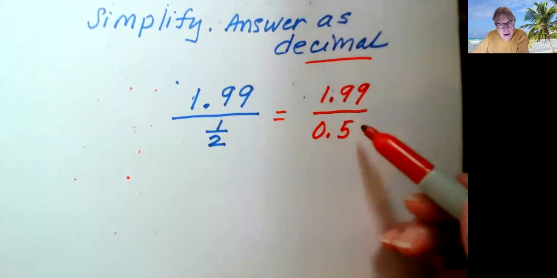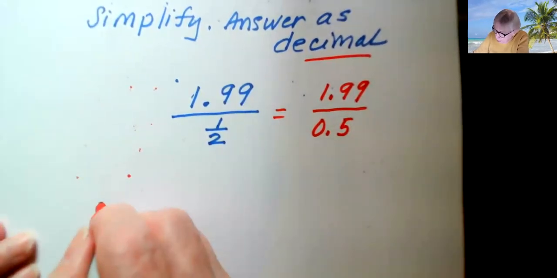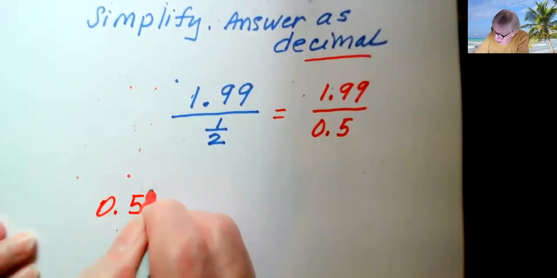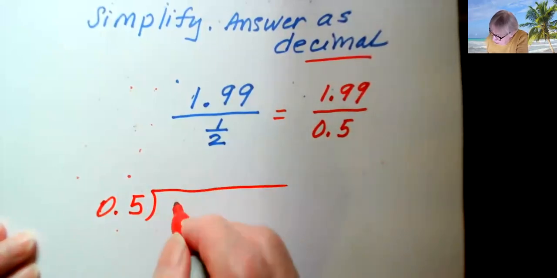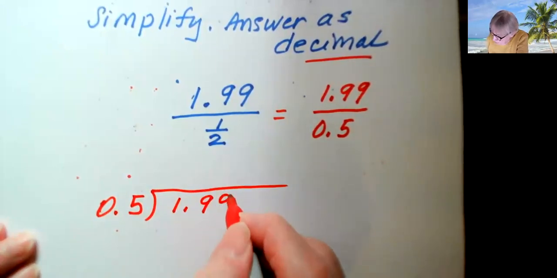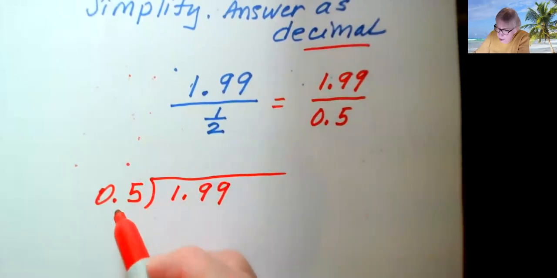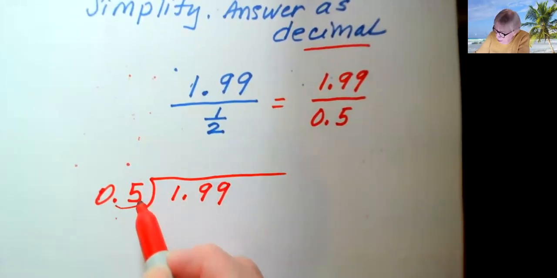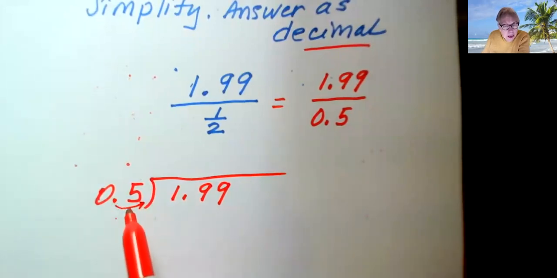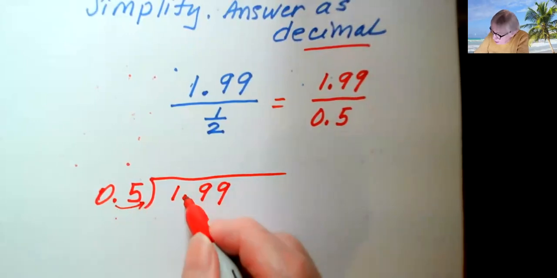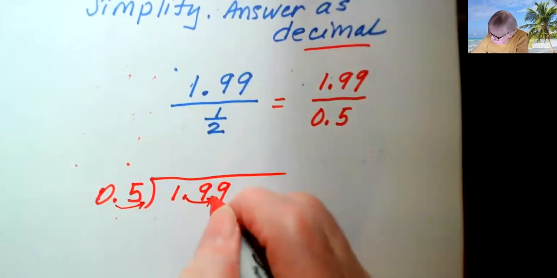Now this, you're dividing by 0.5, and so that's on the outside, right? So what we need to do is make sure we're dividing by a whole number, which means a decimal shift of multiplying by 10, one place, and then a match here.